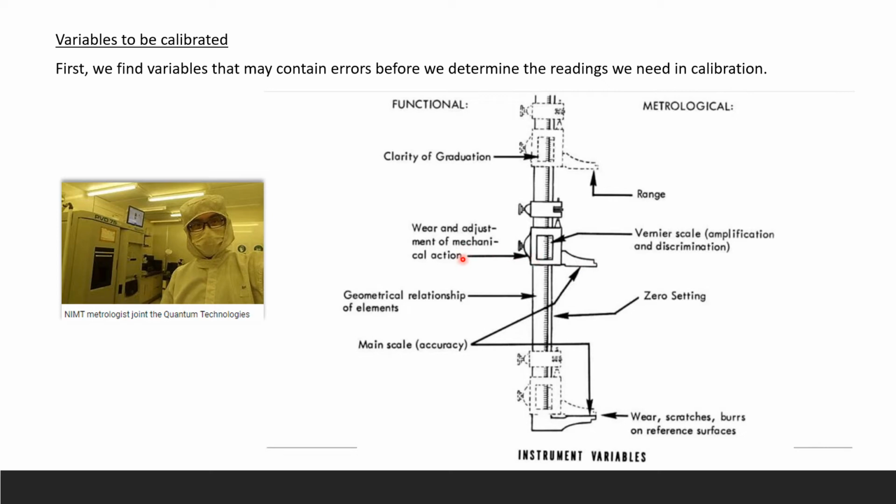Then there is adjustment of mechanical action, because every time an instrument is in operation, you are wearing these parts out by rubbing against each other. Clarity of your graduation again here. This is just a previous location or position, and this is your new location, so they draw it with little lines right there.